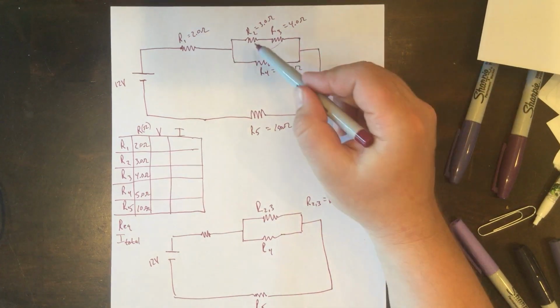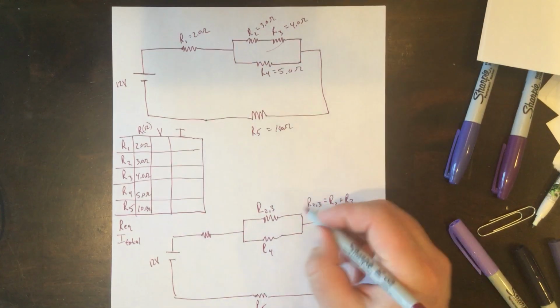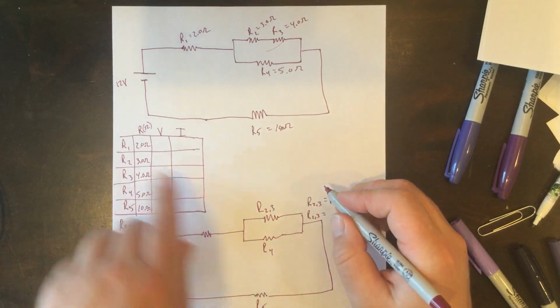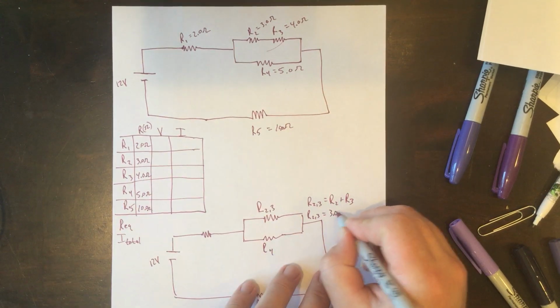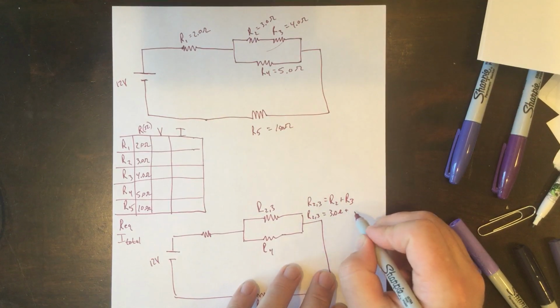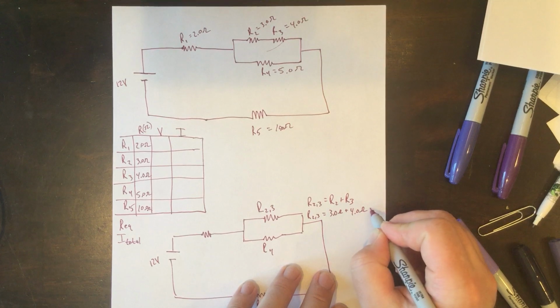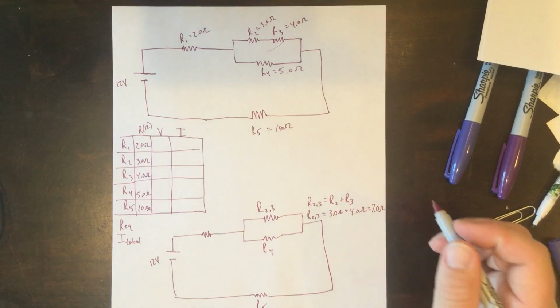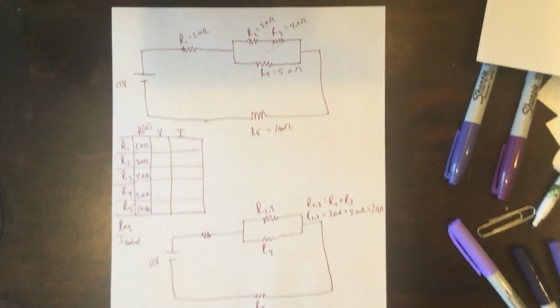Remember, if we are in series, we just add them up. So R2 is 3, and R3 is 4. That would give us 7 ohms. Okay? And we're going to need that.